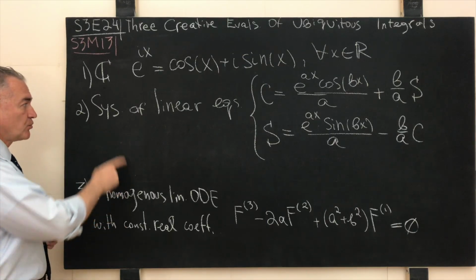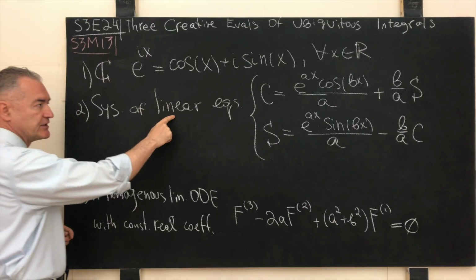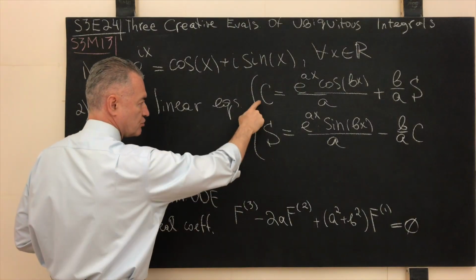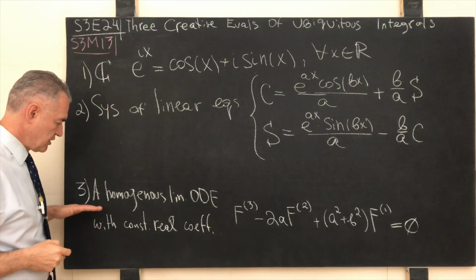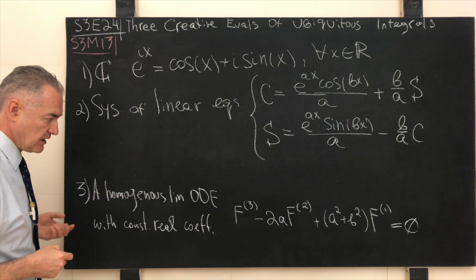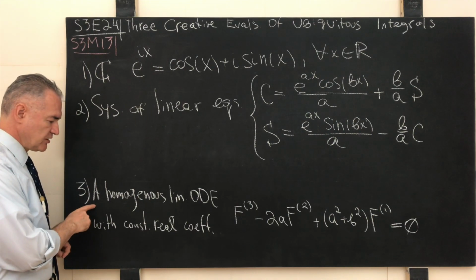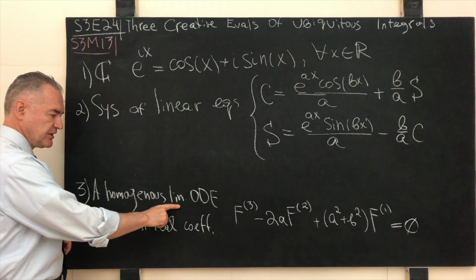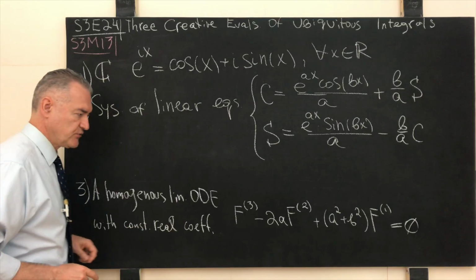Then, for the second way, we will construct a system of linear equations in our integrals shown on the right side of your screen. And finally, for way number 3, we will show that actually both integrals satisfy the following homogeneous linear ordinary differential equation with constant real coefficients.